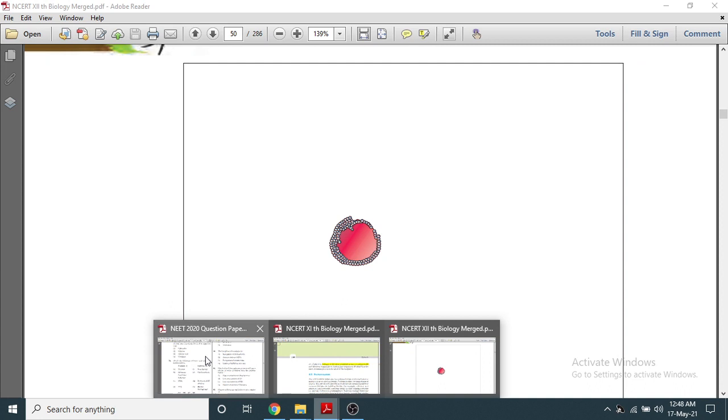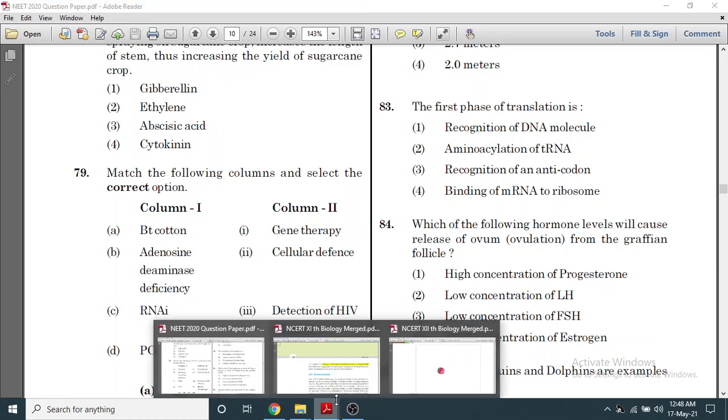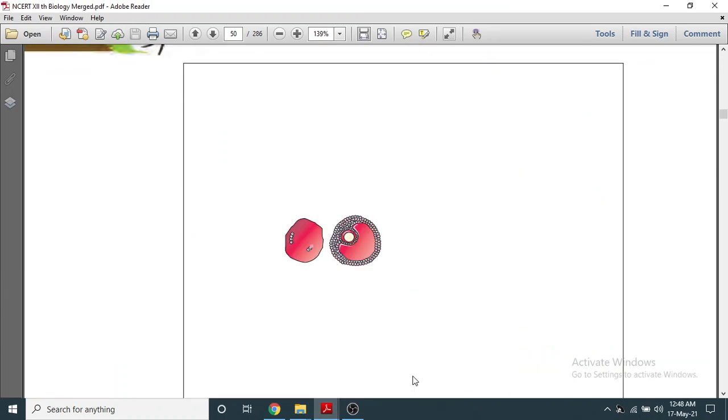Let's read what they have written. Which of the following hormone levels will cause release of ovum? High concentration of progesterone? No. Low concentration of LH? No. Low concentration of FSH? No. High concentration of estrogen? Yes, this is it. Now let's see the diagram of the menstrual cycle of class 12 NCERT.